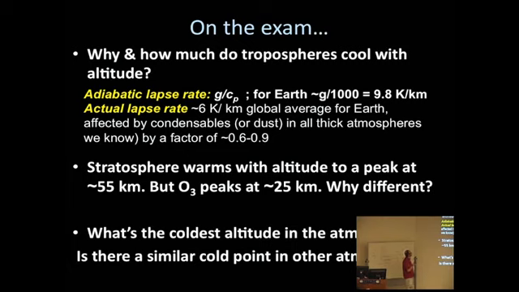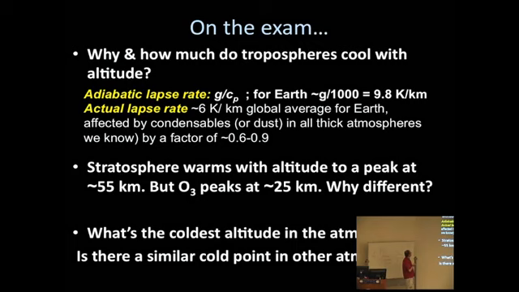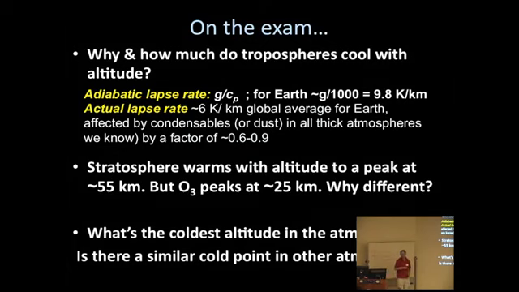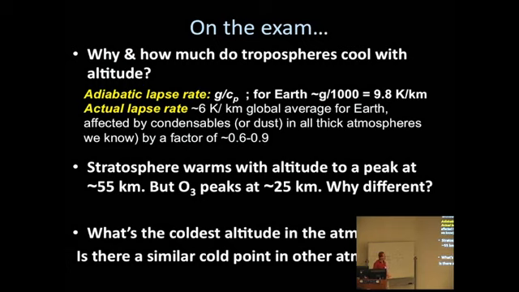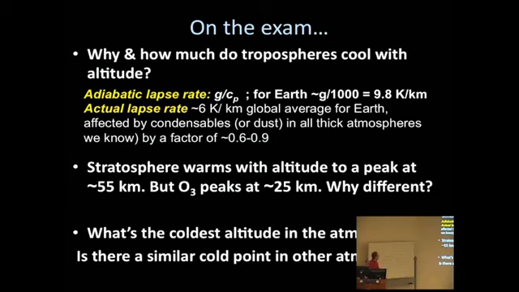We hardly ever see on average an adiabatic lapse rate. We see that the decline in temperature with altitude is less. And that's because everything contains condensables, or in the case of Mars, dust. And these things, by releasing latent heat, will change this profile, or by absorbing solar radiation. And usually the factor is somewhere between 0.6 and 0.9.